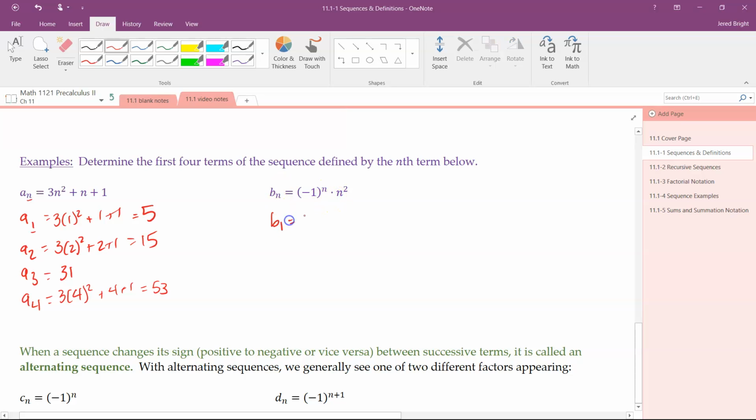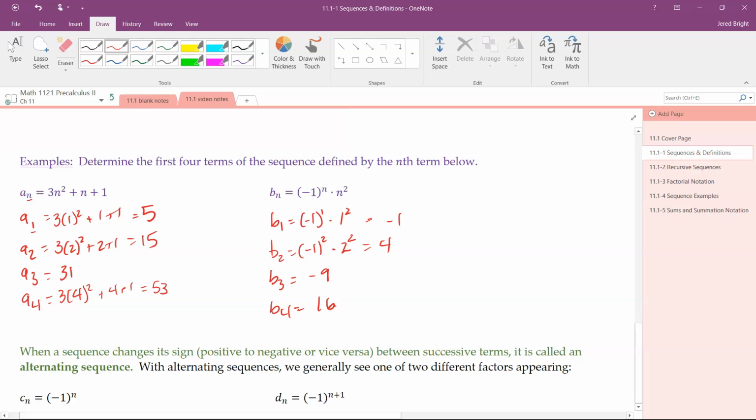So b1 would just be negative 1 to the 1 times 1 squared, or negative 1. b2 would be negative 1 squared times 2 squared. That would just be a positive 1 by squaring, and then I just get 4. Next one I'm going to challenge you to show: b3 is going to be negative 9, and then b4 is going to be 16.